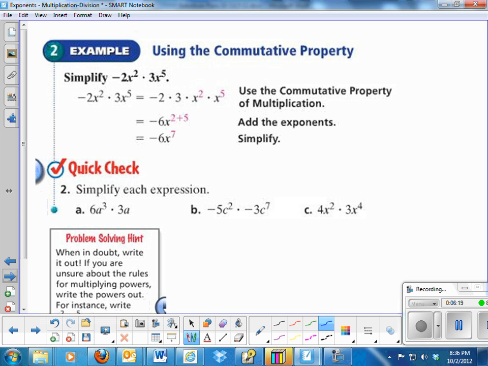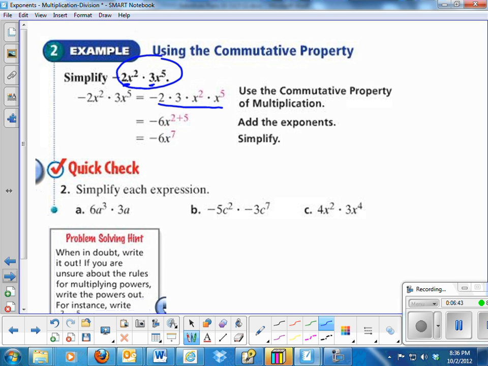So I'm going to write them next to each other because our commutative property says we can put any of these terms in any order we want to. So we have a -2, and we're going to put our whole numbers together in the expression. So -2 times 3. And then we have x squared, and we have x to the 5th power. All I did here was rewrite them so I could see what was alike.